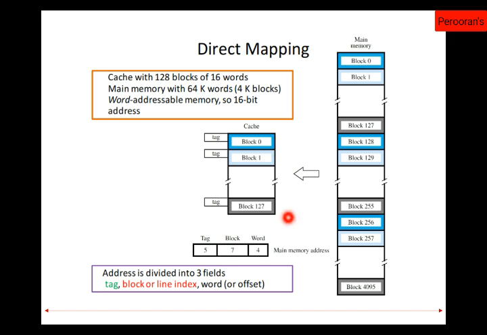And the 4 bits determine which word you want to access from this block. But these 7 bits represent the block number where you want to place this block. So that is 7 plus 4, 11 bits.